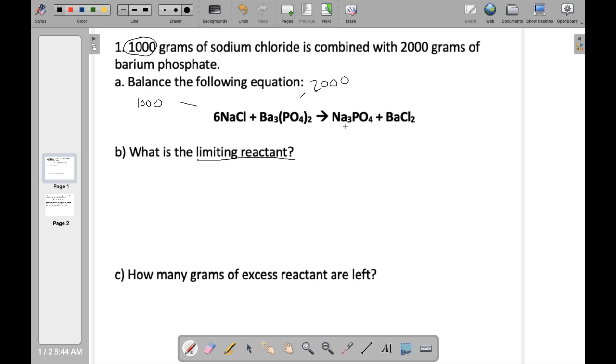So we have PO4 here, but there's two phosphates over here, so we're probably going to have 2 right here. We can write 2Na3PO4 plus BaCl, barium chloride. Barium phosphate.